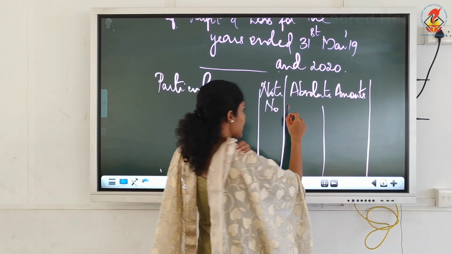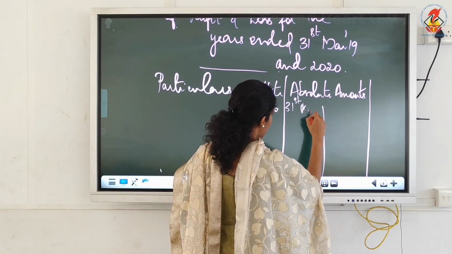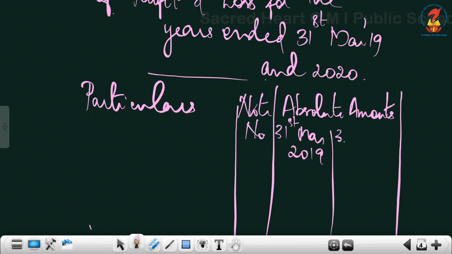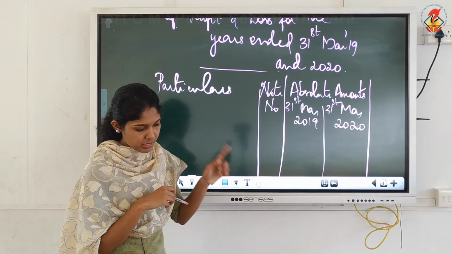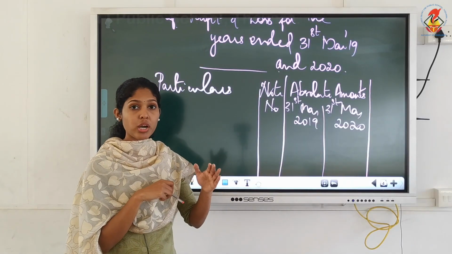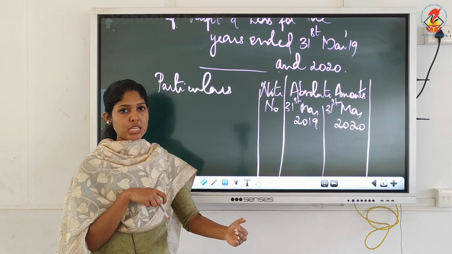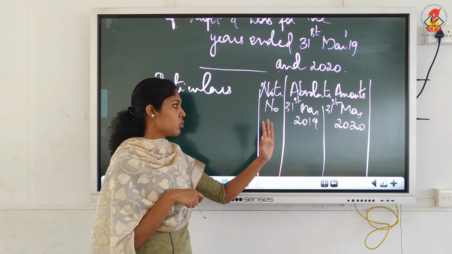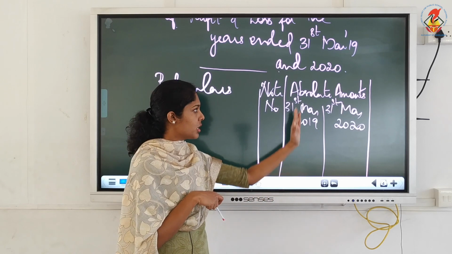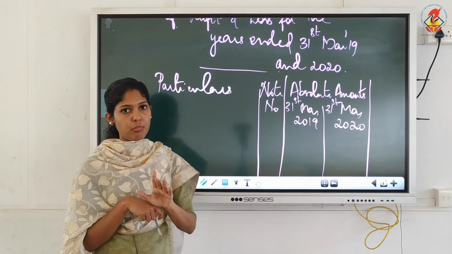Again, previous year you must write first, then current year. In the question 2020 will be given first, but you have to always write previous year first.